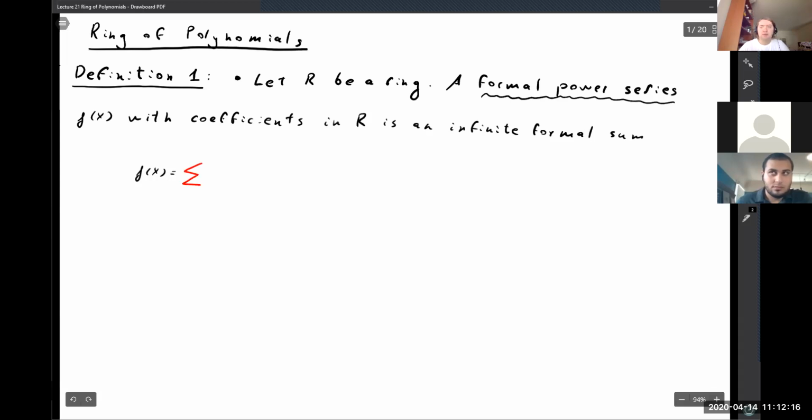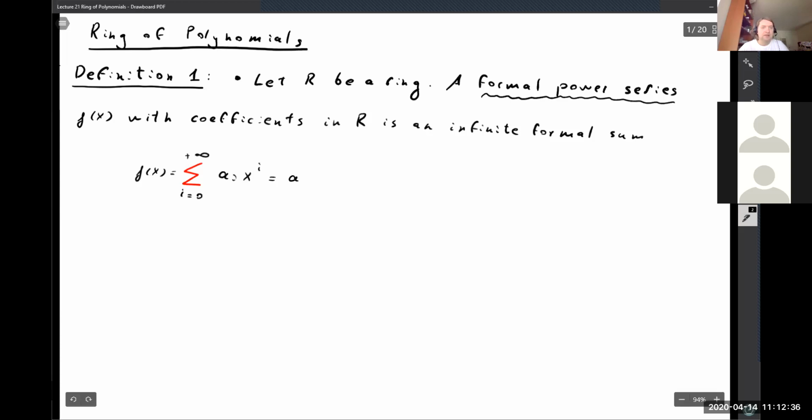So f of x is a formal sum, and I will use the red for this capital sigma to distinguish it from the actual sum. Okay, so this is an infinite formal sum of the following form: the sum of a_i x to the i.